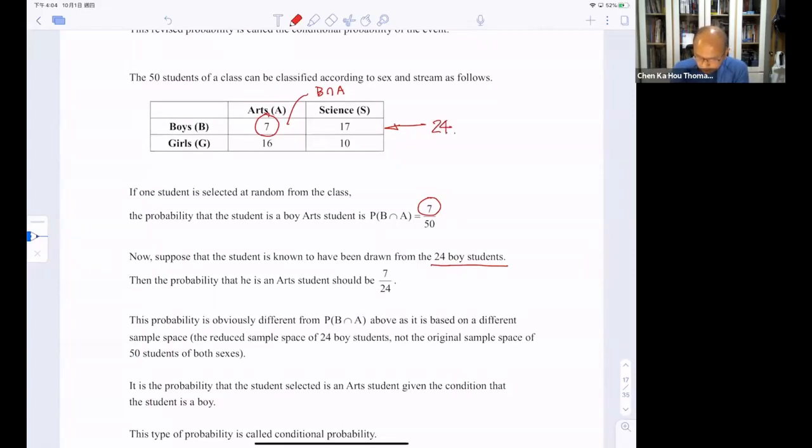So the probability, given that the student is a boy, he studies arts, is 7 over 24. And this is the idea about conditional probability. Given that the student is a boy, what is the probability he chooses art?